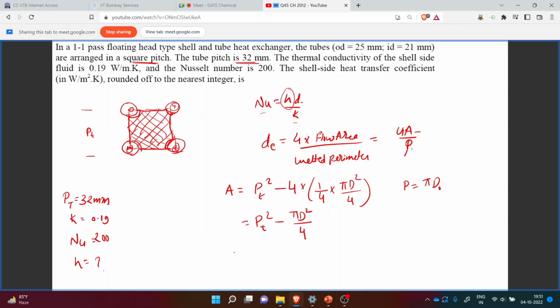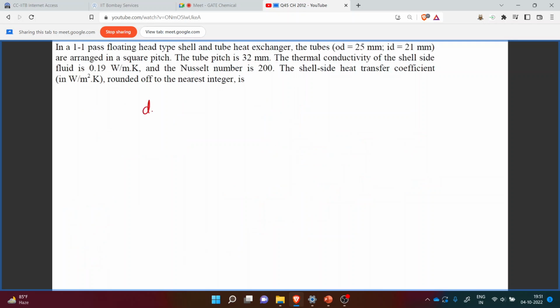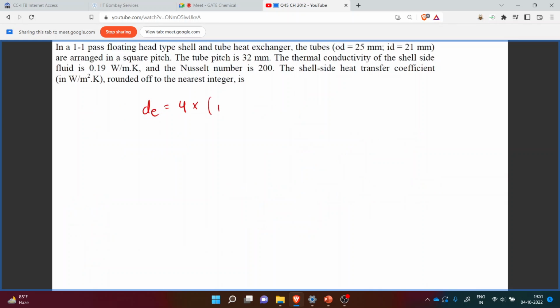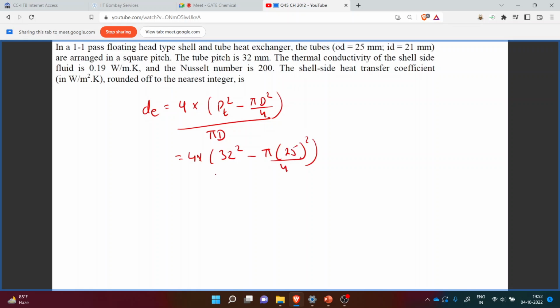Now we can write this equivalent diameter as D is equal to 4 times the area we calculated, PT square minus pi d square by 4, upon pi d. Okay, so now we can replace all these values. 4 into 32 square minus pi into the outer diameter, 25 mm, squared, upon 4, upon pi, that is 3.14, into 25.